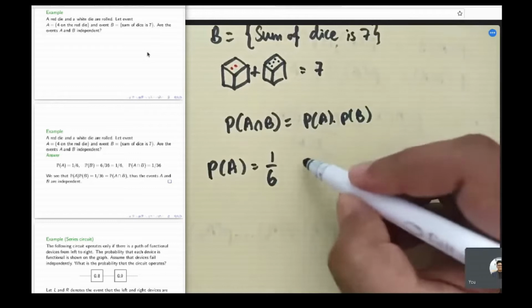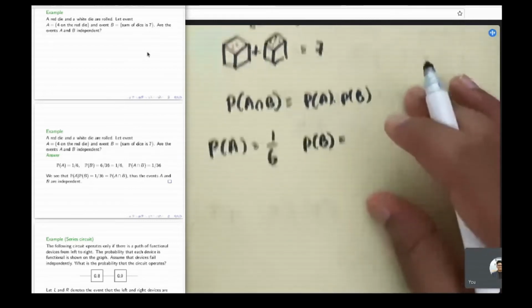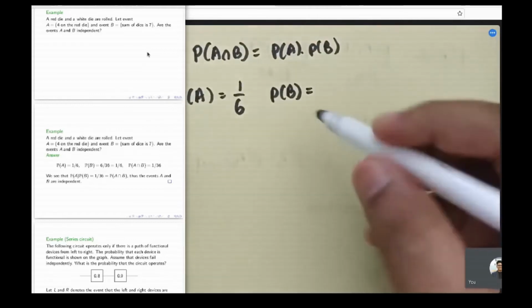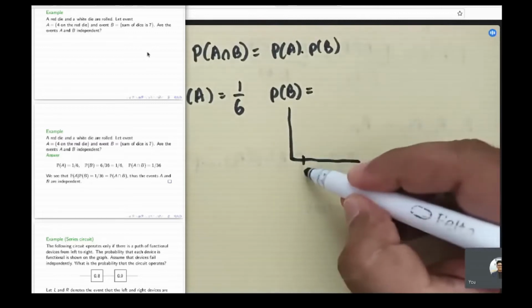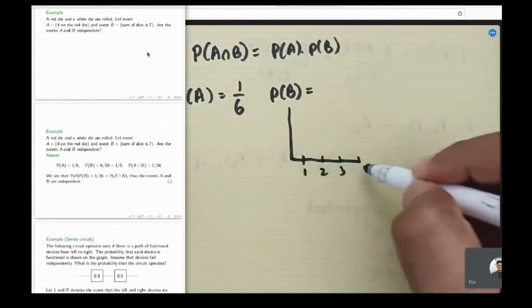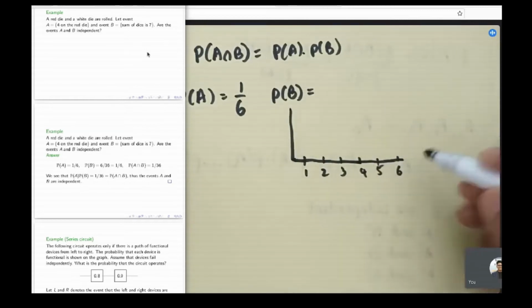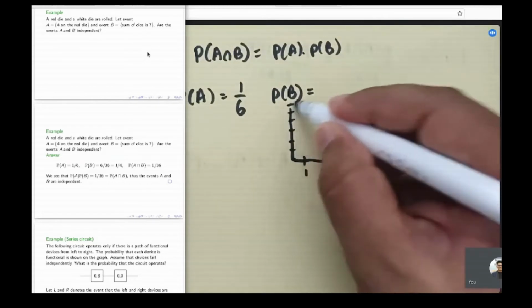And similarly, we can think about the probability of B. So let's think about the event space that we can see here. You have 6 possible outcomes: 1, 2, 3, 4, 5, and 6 from the red die. And from the white die, you have 1, 2, 3, 4, 5, 6 as well.